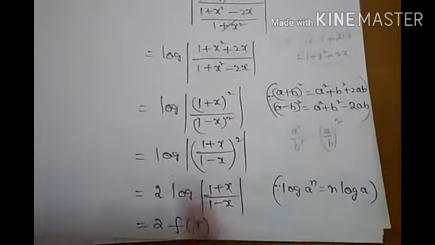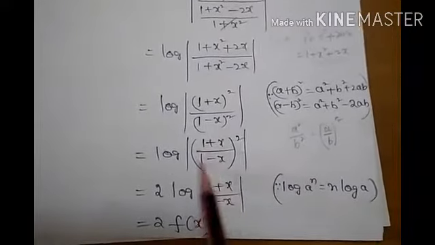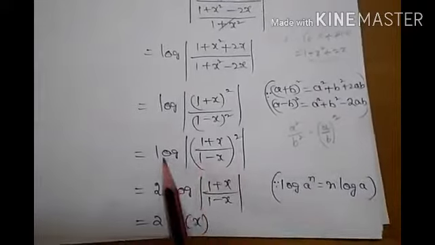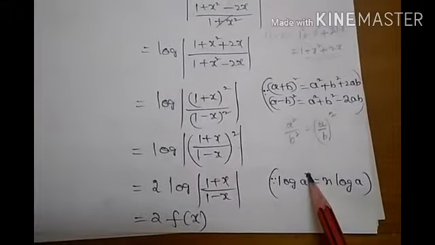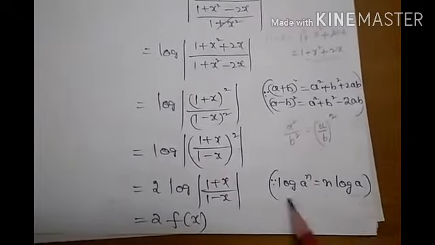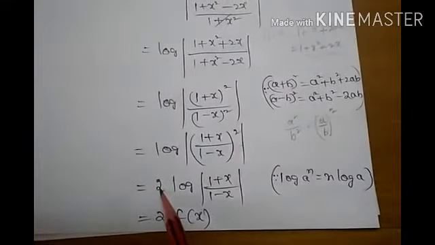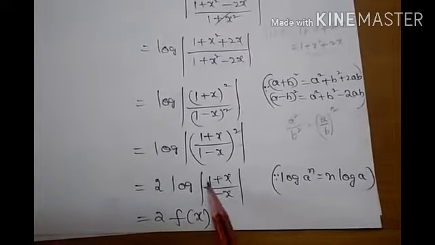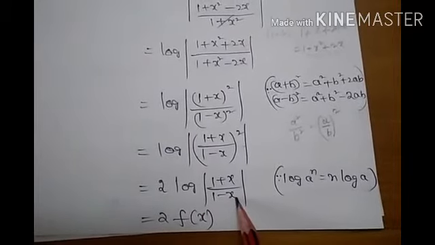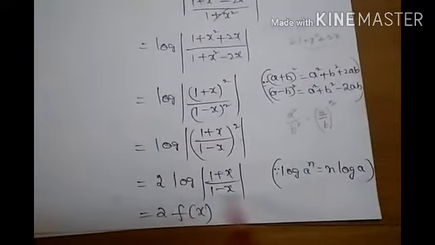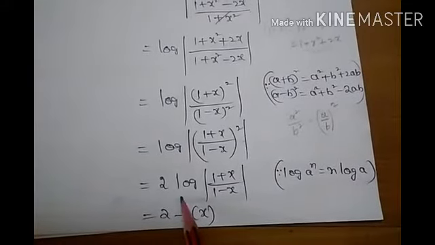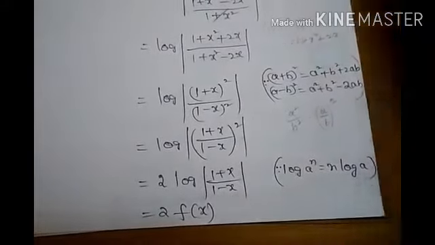Now, log of a power n. Log a power n can be written as n into log a in your logarithmic formulas. Power should be multiplied. 2 into log of 1 plus x by 1 minus x. So observe this. What is this log of 1 plus x by 1 minus x?